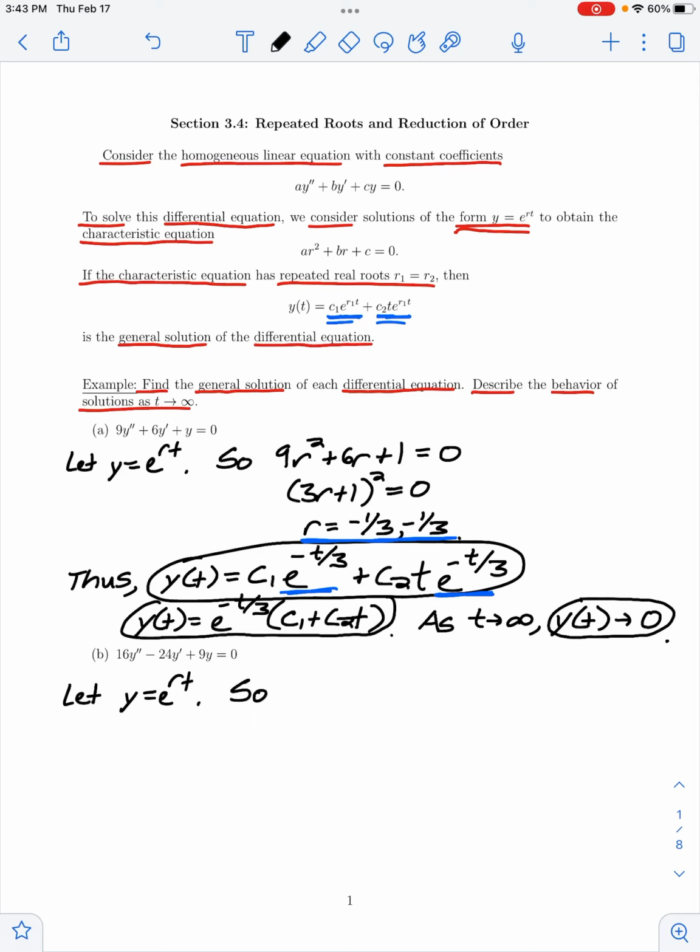And so r has to be a root of the characteristic equation, 16r squared minus 24r plus 9 equals 0. And this factors as 4r minus 3 quantity squared equals 0.